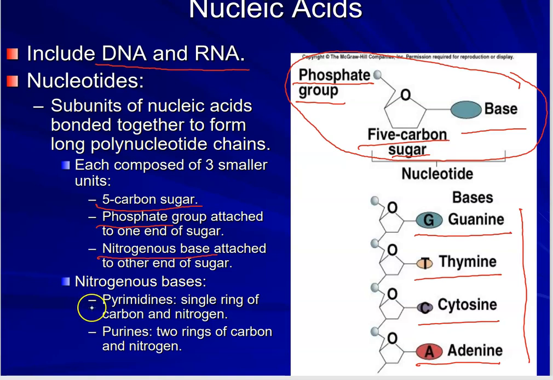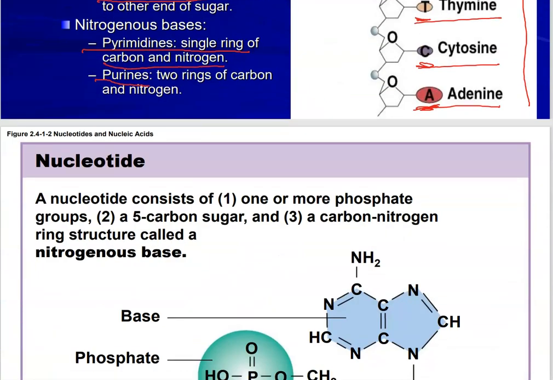So the pyrimidine ones, these are single ring carbon structures, so that would be the smaller ones. That's the thymine and the cytosine. You can see how they're a little bit smaller right here, the C and the T. And then the purines, those are 2-ring carbon structures. They're a little bit bigger, and you can see the G and the A, they're a little bit bigger circles right there. Here, nice and big.